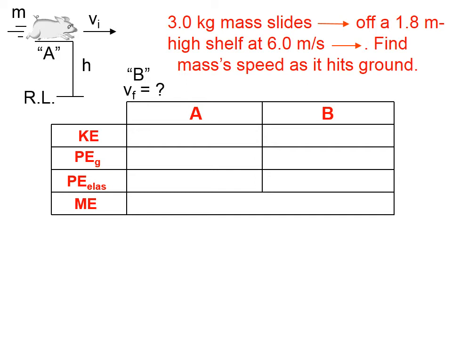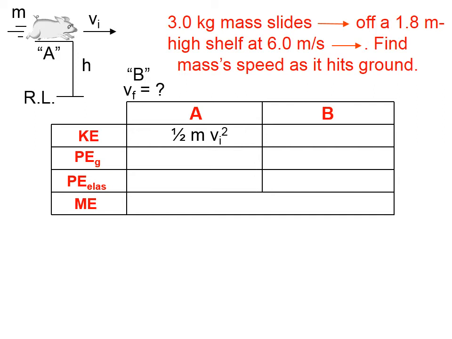So let's total up the various energies for the piglet in the snapshot A conformation. Does the piglet have kinetic energy when he's in snapshot A? The answer is yes, because he has a mass and he's moving. So his kinetic energy is 1/2 times m times vi squared.